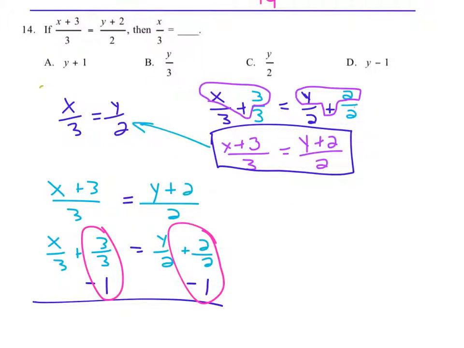So you're taking that amount away exactly and leaving just x over 3 equals y over 2. So when we look at what our choice is, it says x over 3 equals what? And we know that x over 3 would be equal to y over 2. And that's answer C.